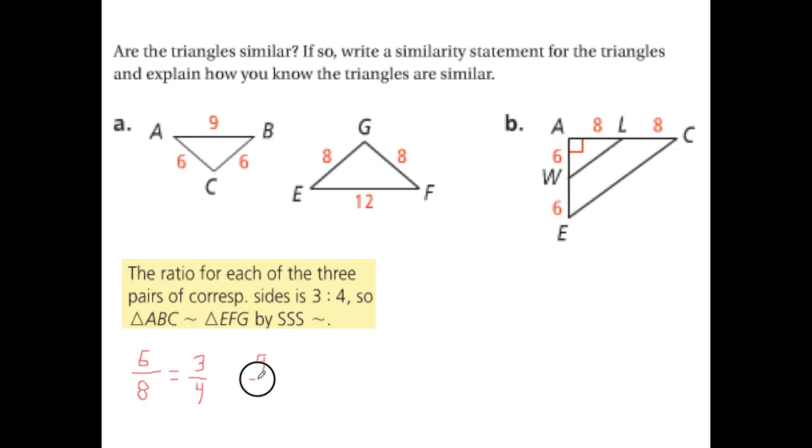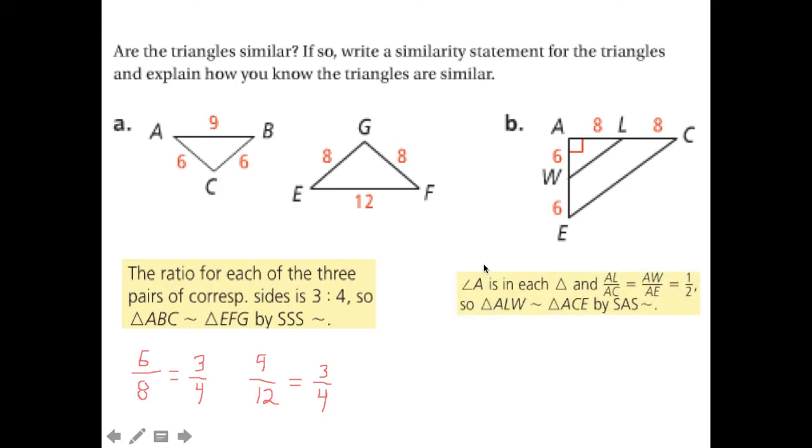If you're going to do the length of the small triangle on top, then you have to always do it on top. 9/12 reduces, and you can divide 3 out of both 9 and 12 and get 3/4. So all sides were 3/4. I'm only showing two sides because one of these is a duplicate. You have 6/8 and 6/8, so it's 3/4 twice. So this is similar based on side-side-side.